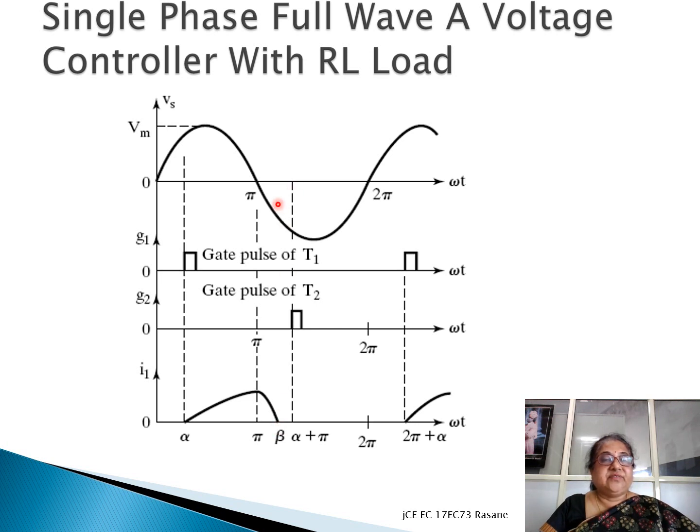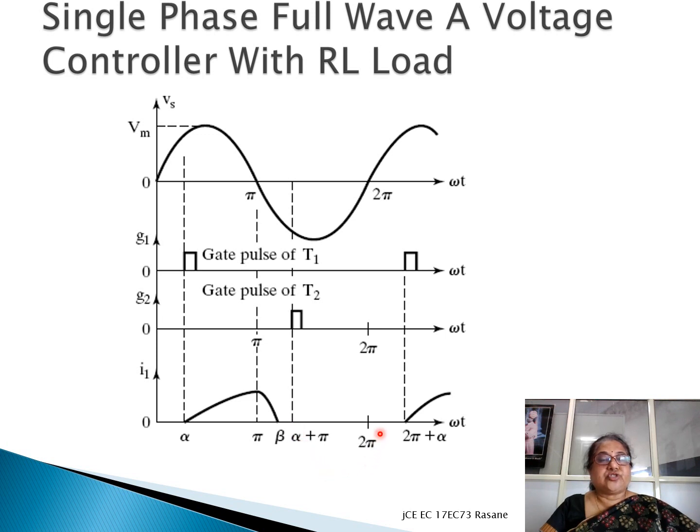T2, which is already reverse biased, cannot conduct until it is triggered. Also, it is anti-parallel with T1, which is already conducting. So till beta, T1 is going to conduct, and when T2 gets the pulse at pi plus alpha, it is going to take the negative current.